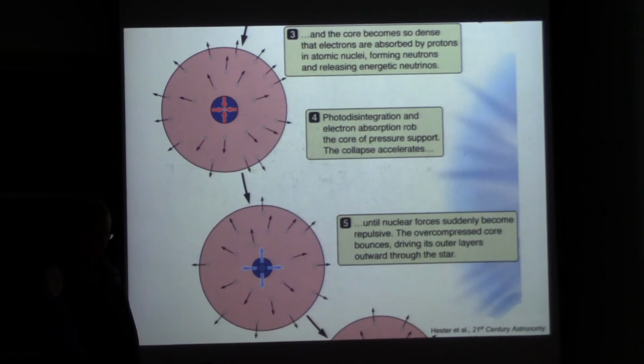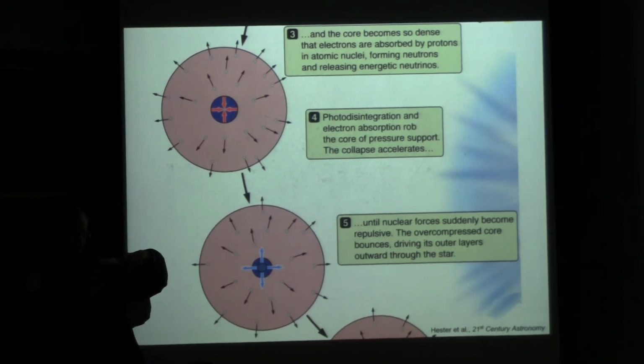And so then photodisintegration and electron absorption robbed the core of pressure support because it's the electron degeneracy that was holding the core up. So the core collapses even faster, but once it gets up to about the density of a nucleus, once it gets to about the size of a neutron star, 10 kilometers or so in radius, the nuclear forces suddenly become repulsive and the overcompressed core bounces.